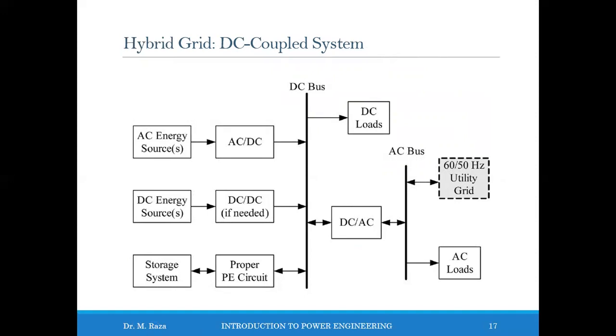The DC coupled scheme is simple and no synchronization is needed to integrate the different energy sources, but it also has its own drawbacks. For instance, if the system inverter is out of service, then the whole system will not be able to supply AC power, such as if this inverter is out of service, there will be no energy feed to the grid.